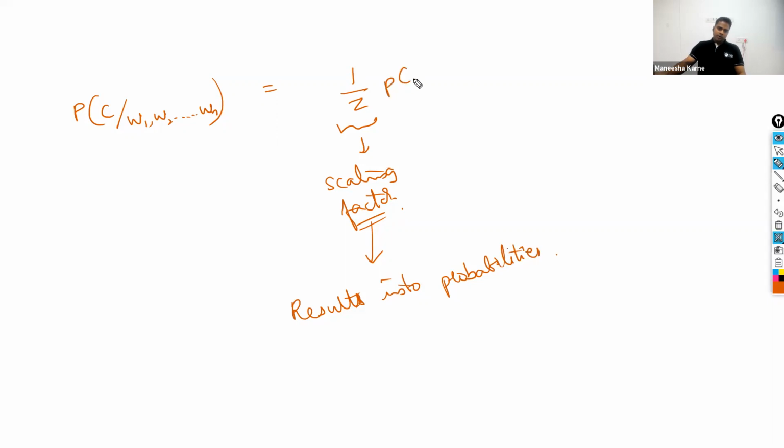Into probability of class, into multiplication of i equal to 1 until n, that is i equal to 1, 2, 3, all these words, into probability of word given class.